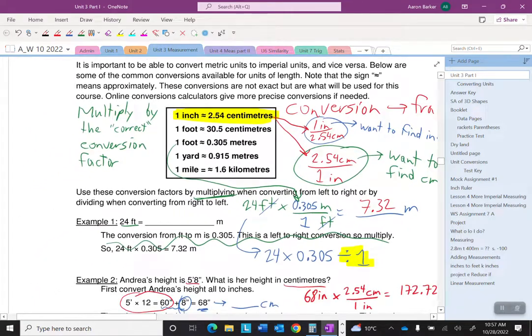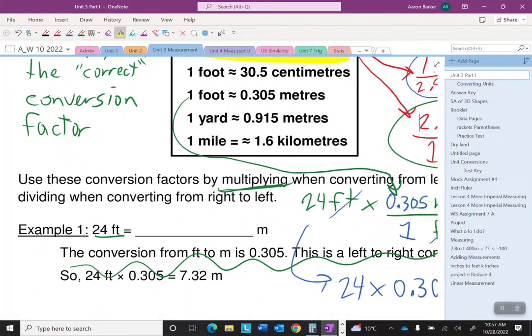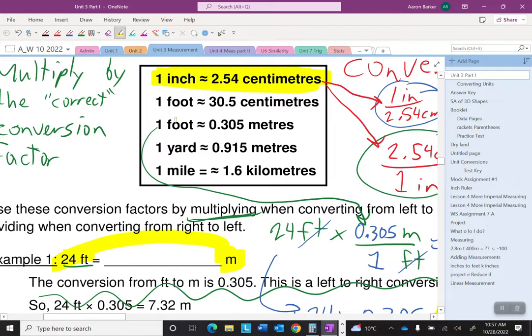So let's do an example. We're going to convert 24 feet into meters. So the conversion factor from feet into meters is this. 1 foot equals 0.305 meters. Now, did I say equals? That's wrong, isn't it?